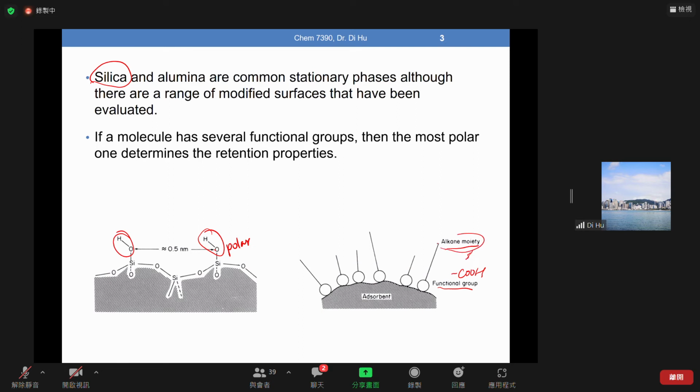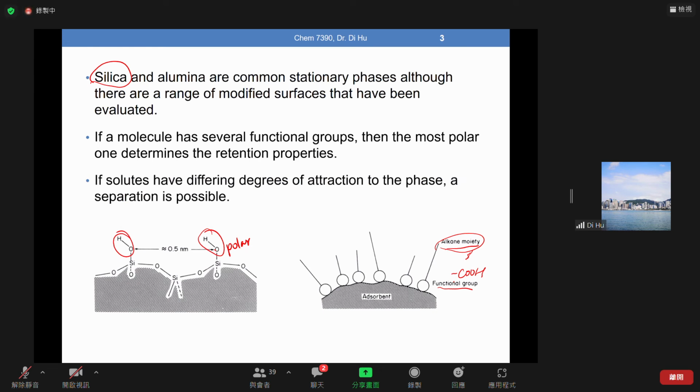The carbon chain will point outward, and the polar functional group will interact with the stationary phase and achieve the separation. If solutes have different degrees of attraction to the phase, some are strongly attracted and others not, and then they can be separated.